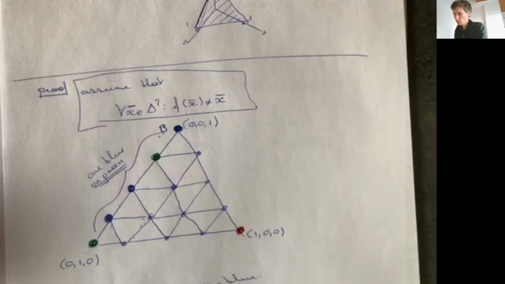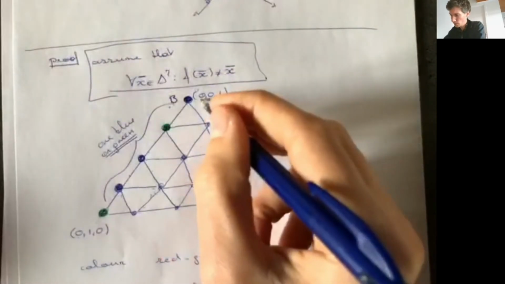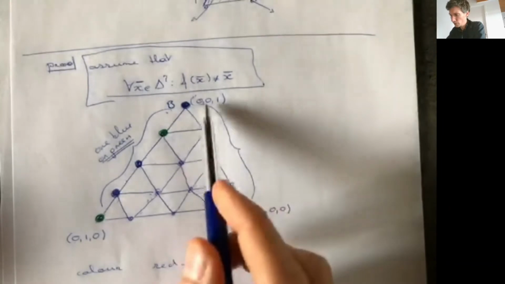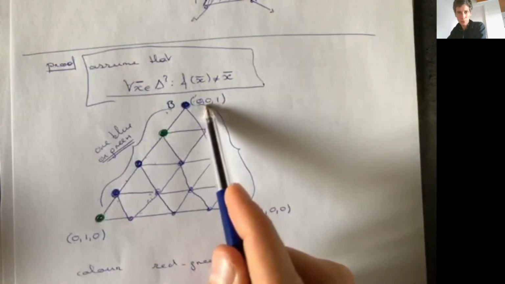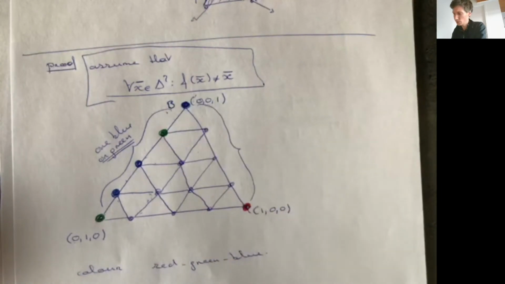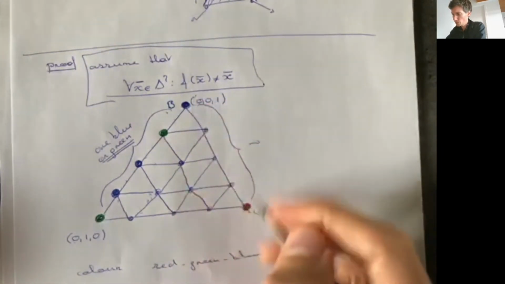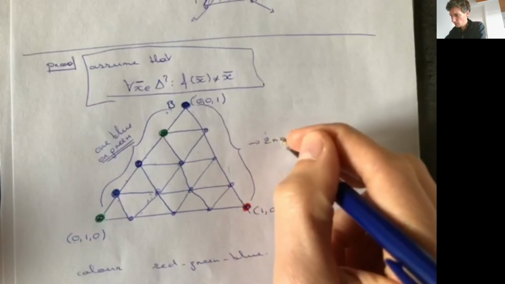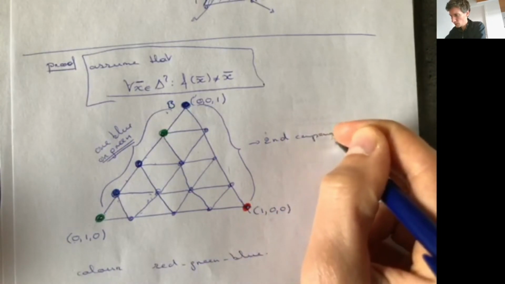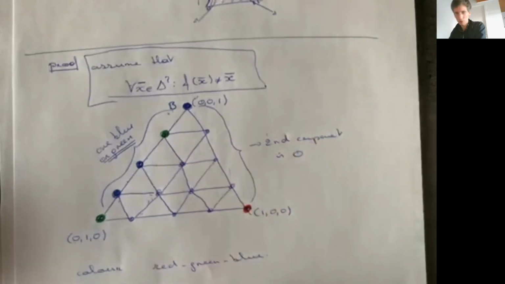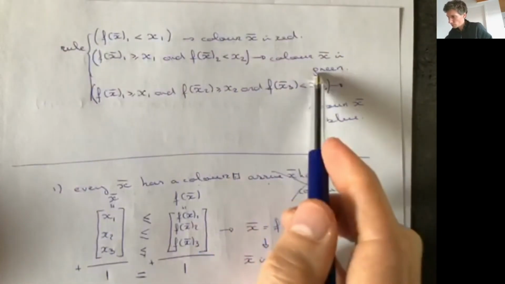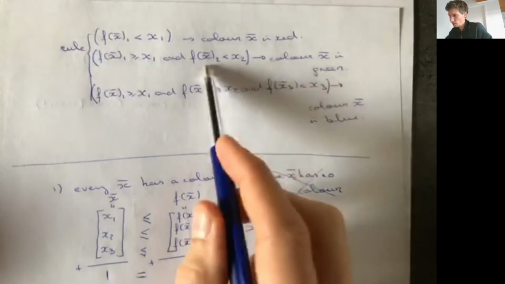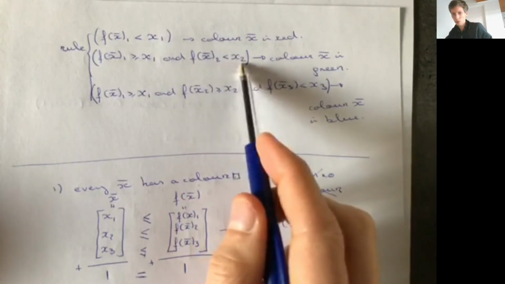Okay, and I can do a similar thing for the other two boundaries. In particular, if I take a convex combination of this one and this one, then I see that the second component here is 0, the second component here is 0. So for all these points here, the second component is 0. If I look at my colors, in order for me to be able to color it green, I need that f of the second component is smaller than the second component.